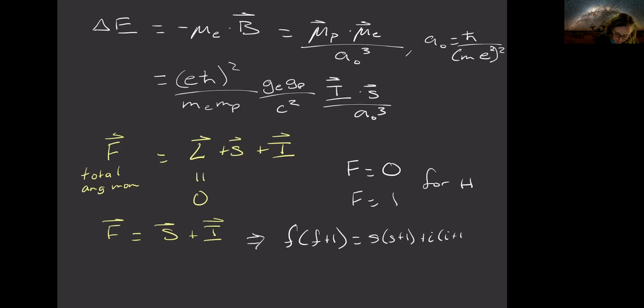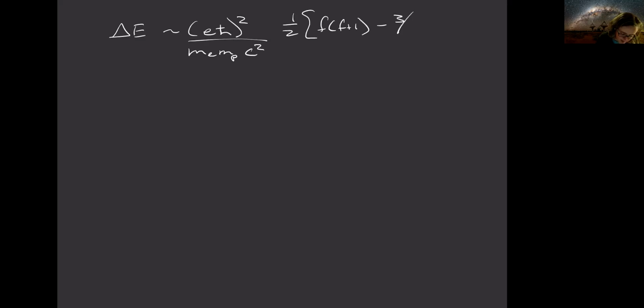And these are just the numbers where I is going to be the proton spin, the electron spin, plus 2 times I dot S. And we can substitute that in to work out that the energy difference is on the order of e h bar squared, with the mass of the electron, mass of the proton, c squared, times 1/2 F times F plus 1 minus 3/2 in the hydrogen example, over a naught cubed, pardon me, that should be a cube.